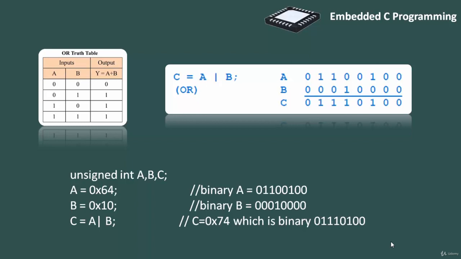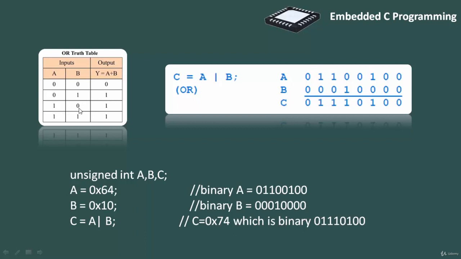The next one is OR operator. OR operator in embedded C is denoted by this sign. Truth table for OR operator is, if A and B are two inputs and Y is the output, then if A is 0, B is 0, the output will be 0. If A is 0, B is 1, the output is 1.